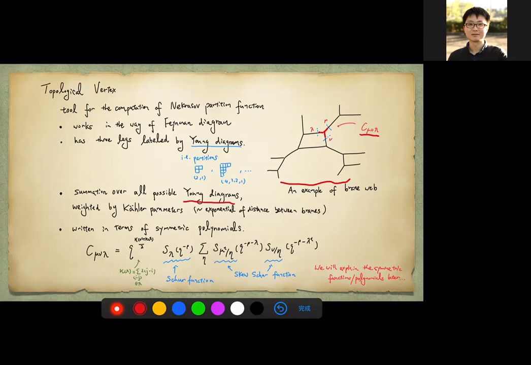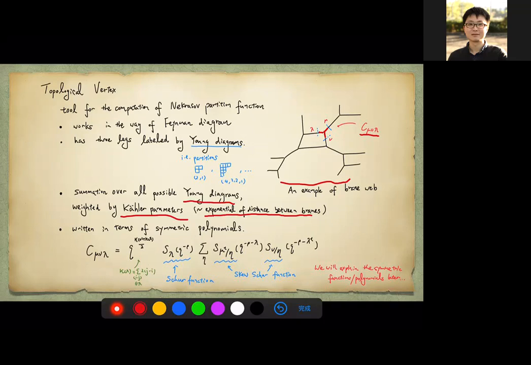Of course, they are weighted by the Kähler parameters, and in terms of gauge theory, they correspond to the Coulomb branch parameters, and in the language of string theory, they correspond to the exponential of the distance between different branes.